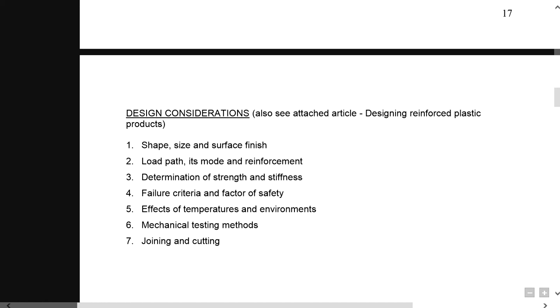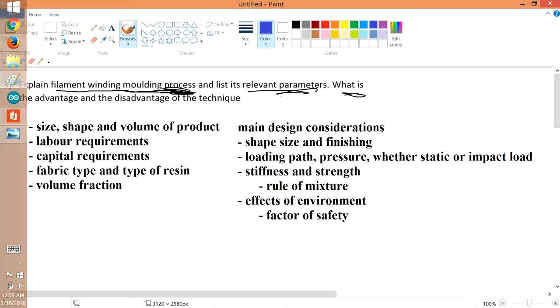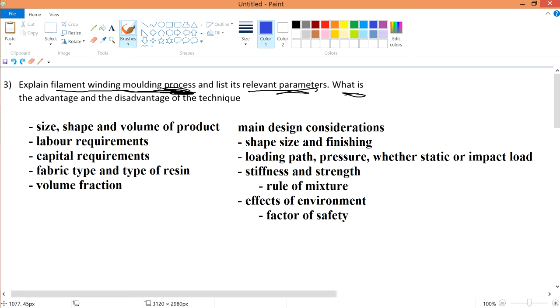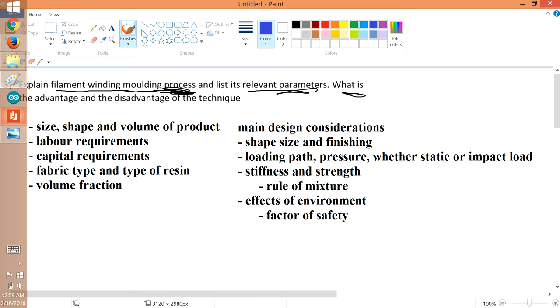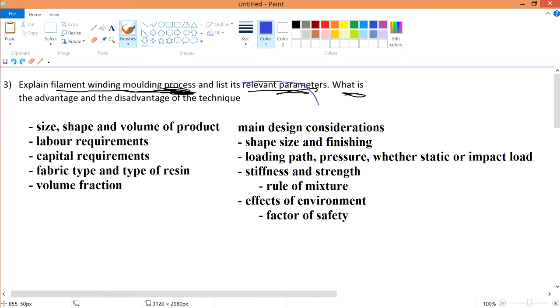These are the design considerations for you. In terms of the relevant parameters, you also need to take note of your main design considerations. I think this is it for the whole question.